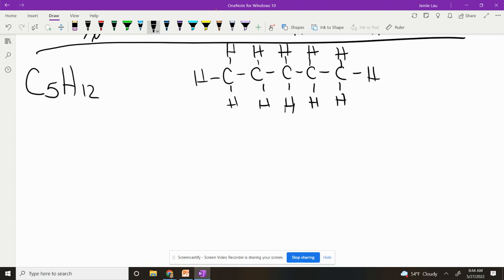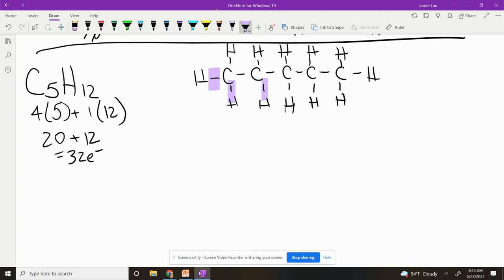If we do our electron count, 5 carbons, each with 4 electrons, and 12 hydrogens, each with 1, 20 plus 12 is going to be 32 electrons total. If I do my count, 2, 4, 6, 8, 10, 12, 14, 16, 18, 20, 22, 24, 26, 28, 30, 32 electrons.